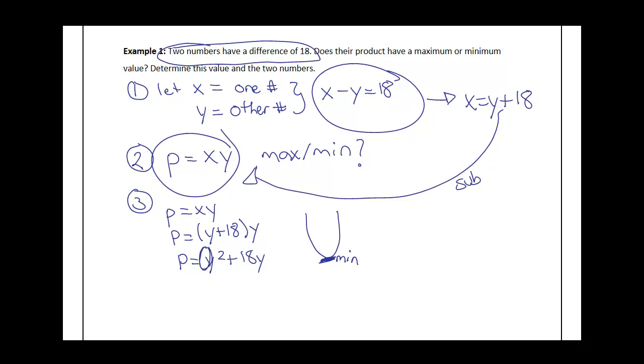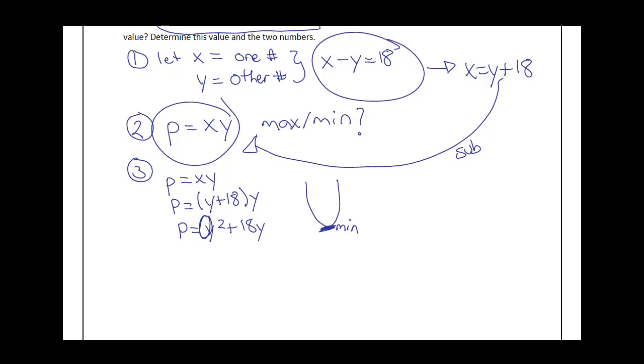Well, what is that going to be, and what are the two numbers that we're going to have? Step 4 says we need to complete the square and write it in standard form. So now we have P equals y squared plus 18y plus, completing the square, we get 81 and minus 81.